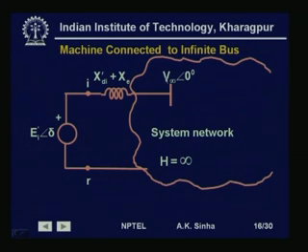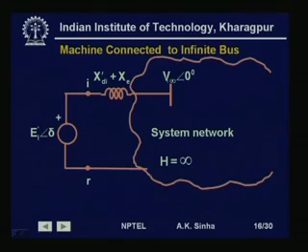So, the voltage at this bus, V infinity, is not going to change, it remains constant or invariable with any change which takes place with this machine, and its angle does not change either. Therefore, we can think of this infinite bus as an ideal voltage source for complex voltage. That is, it is an ideal voltage source whose voltage magnitude as well as angle do not change at all.